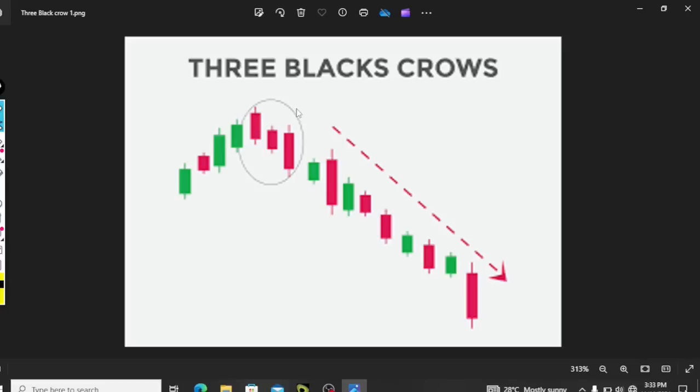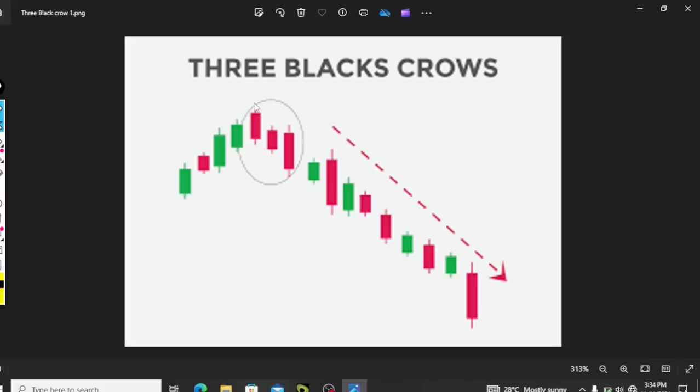When these 3 black crows occur at a resistance area, especially if the overall trend is a downtrend, any pause and retracement towards the upside, and you notice these 3 black crows, man, it is time for you to go heavy in the market. It's time for you to place your sell trade and then pile it up, so that on any move towards the downside, you discover that your gains and profits are piling up heavily.